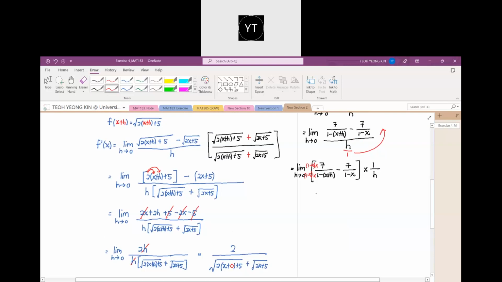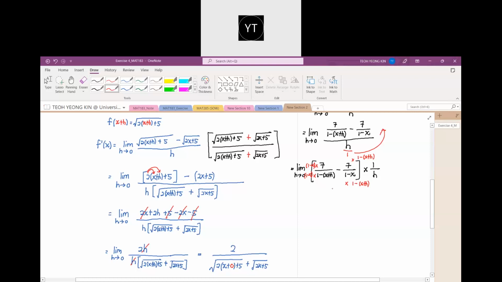The same thing here. When we come here, I look at the left hand side, 1 minus x plus h. Multiply the numerator by 1 minus x plus h. Why do I do this? So that our denominators are the same. After that, we can combine.